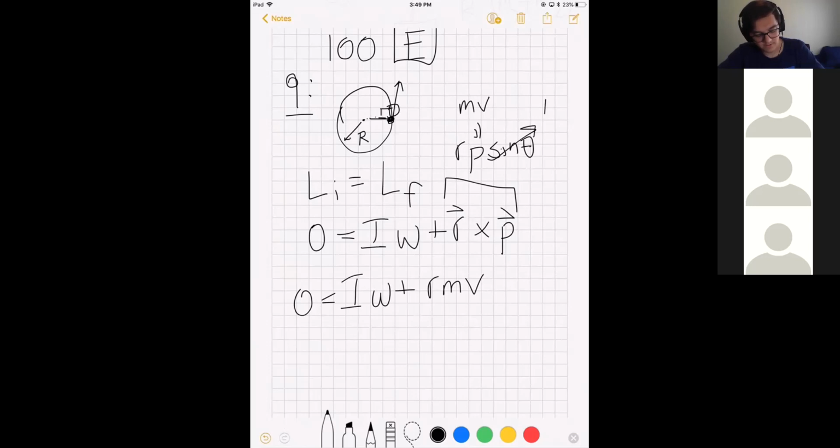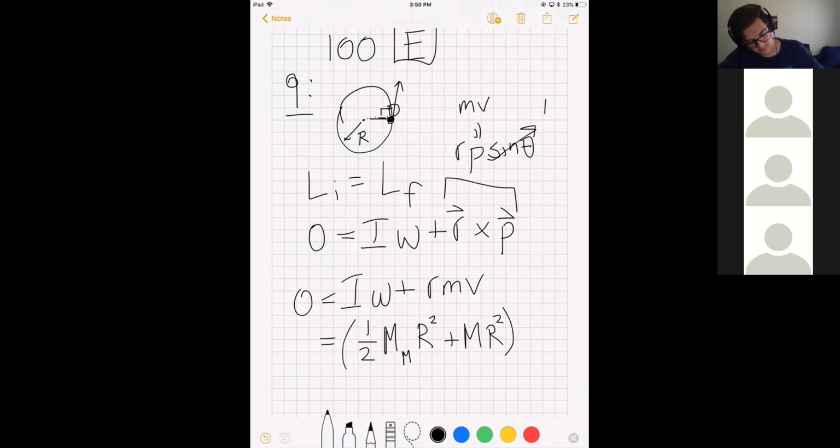But first things first, we've got to expand this I a little bit. We've got a point mass sitting on a cylinder. We know how to describe the moment of inertia of a cylinder. That's just 1/2 times the mass of the merry-go-round, big M, times the radius of that thing squared, and then a point mass is just the mass of that thing times its distance from the center, which is R squared.